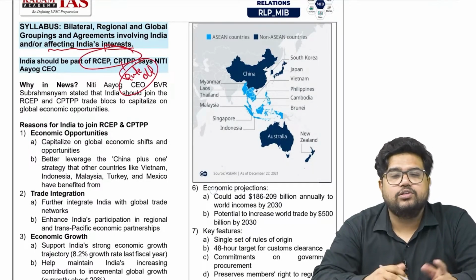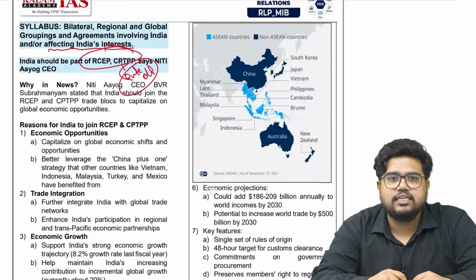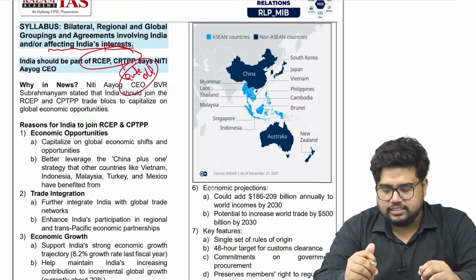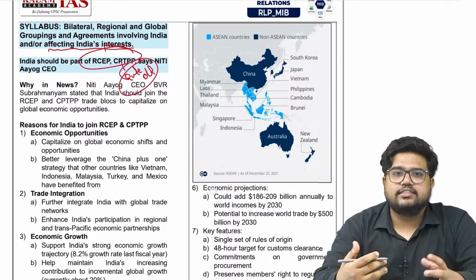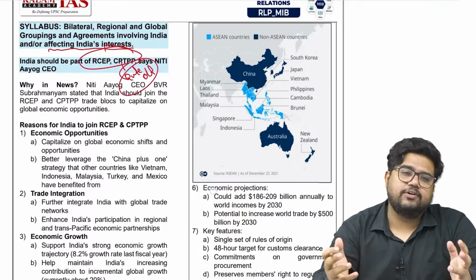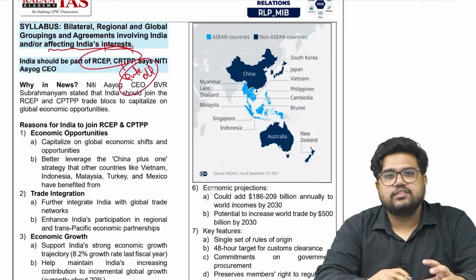We were not signing a single free trade agreement. But especially post-COVID, this has completely reversed. Today India is a country which is opportunistically looking at opportunities for free trade agreements with multiple countries.